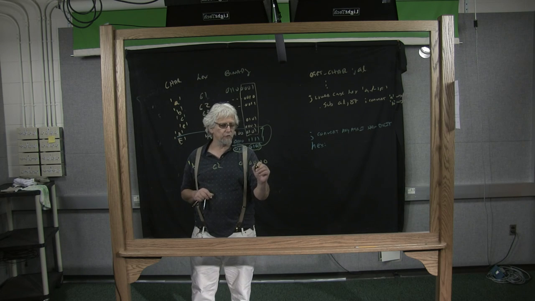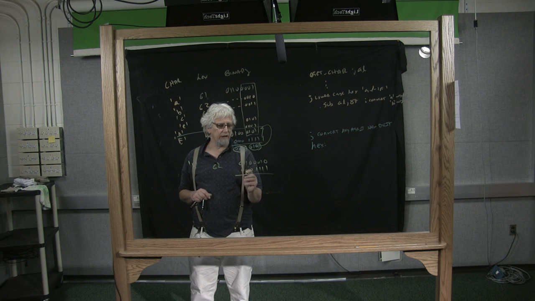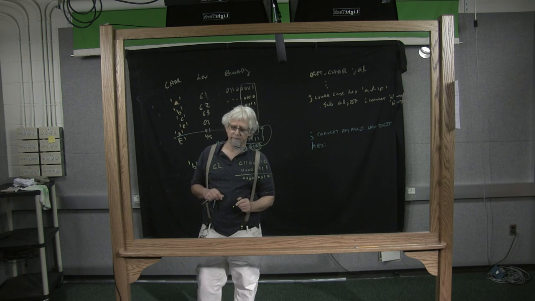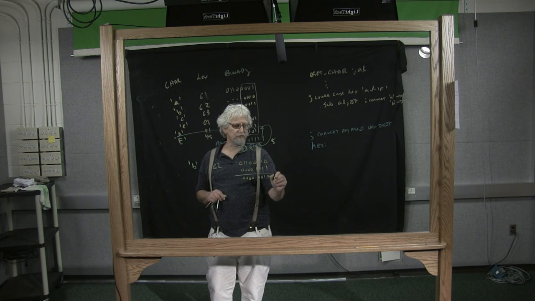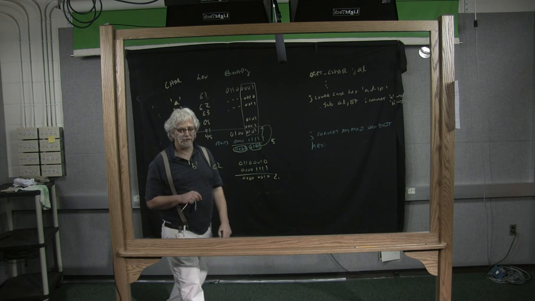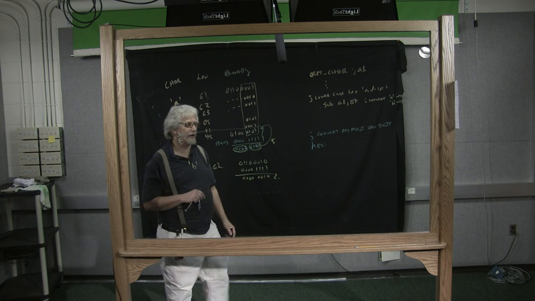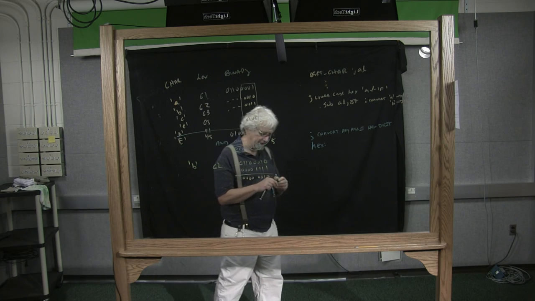And I'll AND that with 0000 1111, and what comes out? 0, 0, 0, 0, 0, 0, 1, 0. That's 2. So this becomes 5, that becomes 2. See how that works? I'm going to suggest that that's what you're going to do over here.